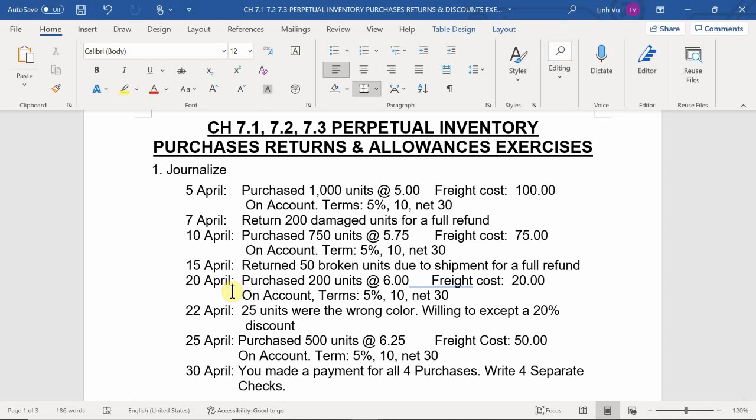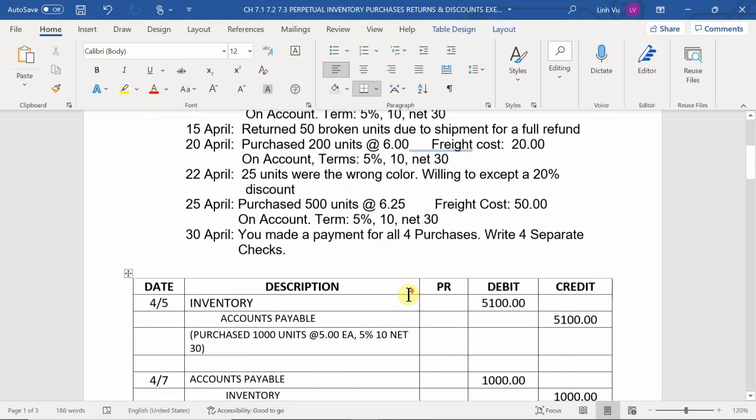With accounts payable and inventory, right? But this time we are returning 50 broken mugs for a full refund.